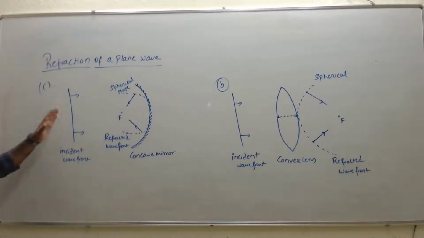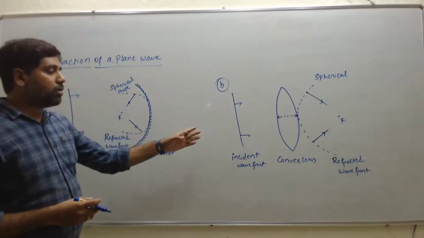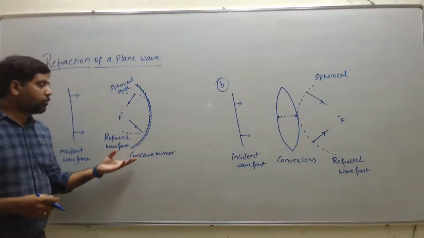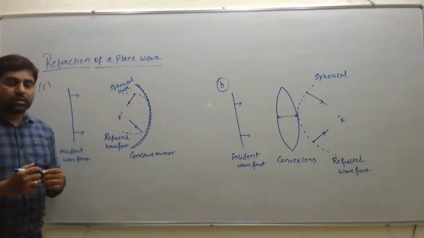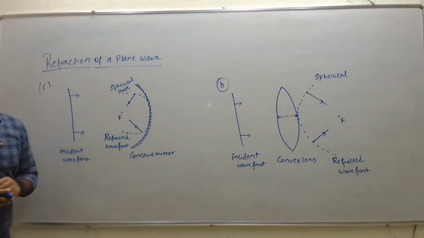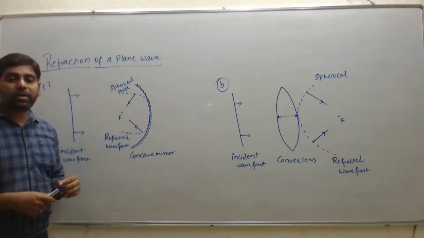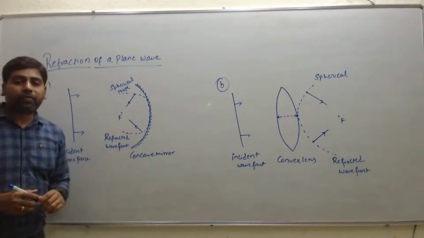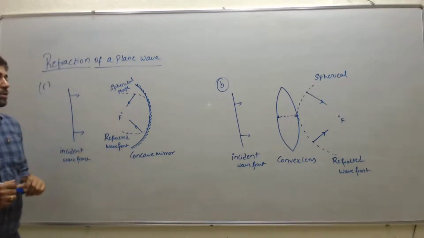Right? So this is how, when a plane wavefront is incident onto the prism, convex lens and also concave mirror, we get the refracted waves. In case of the plane prism, we get the plane wavefront as a refracted wavefront, and in case of convex lens and concave mirror, we get a spherical wavefront, and they converge at the point F, that is at the focus.